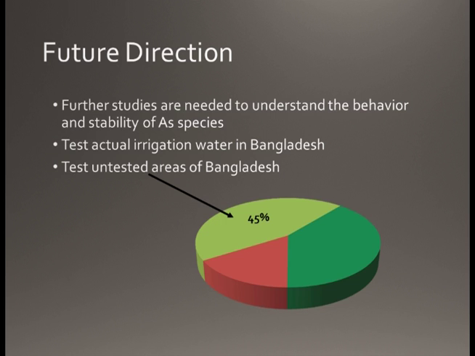They want to test the actual irrigation water in Bangladesh, because here they were only able to test the soils around the water, since at the time of their research the irrigation system was closed down. And they want to test the untested areas of Bangladesh, because like we saw in the pie graph at the beginning, 45% of Bangladesh areas are not even tested yet. So that's where they're going with their research.